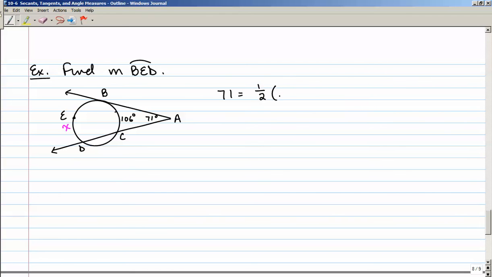The big arc on the outside minus the little arc on the inside. And again, I'm going to multiply both sides by 2 to get rid of that 1/2. So that's going to give me 142 is equal to X minus 106, or adding 106 to both sides, X, or the measure of arc BED, is equal to 248.